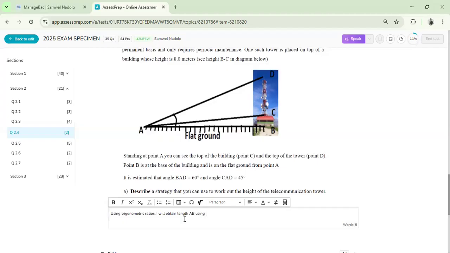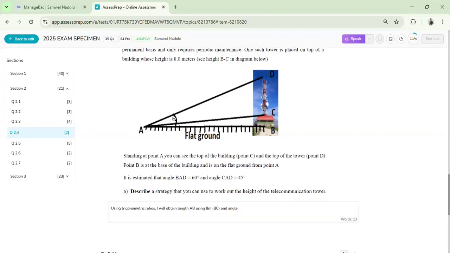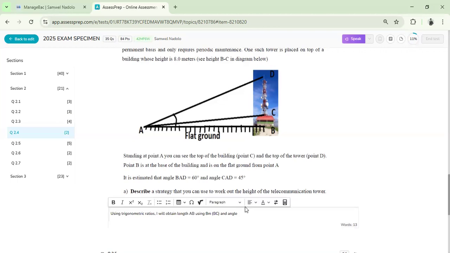This one is using 8 meters, which is length BC, and the angle that point A makes with B and C, angle BAC, which should be the difference between the whole angle BAD and angle CAD.